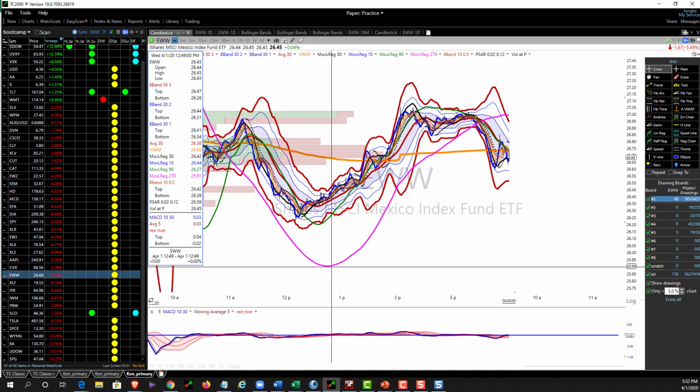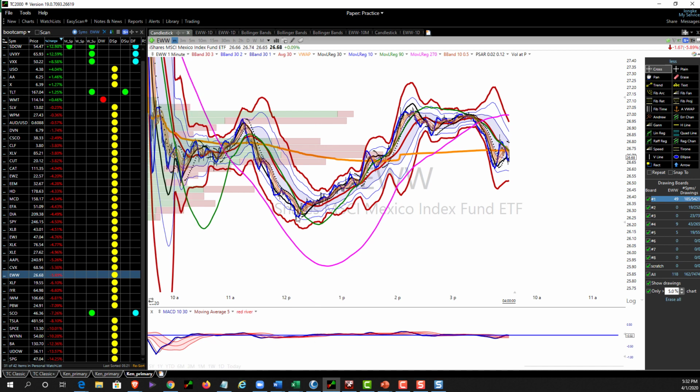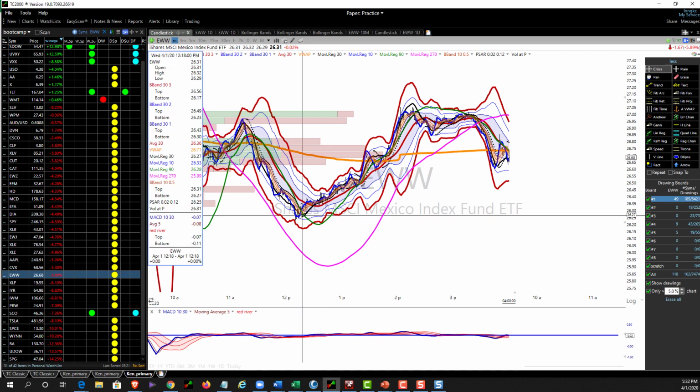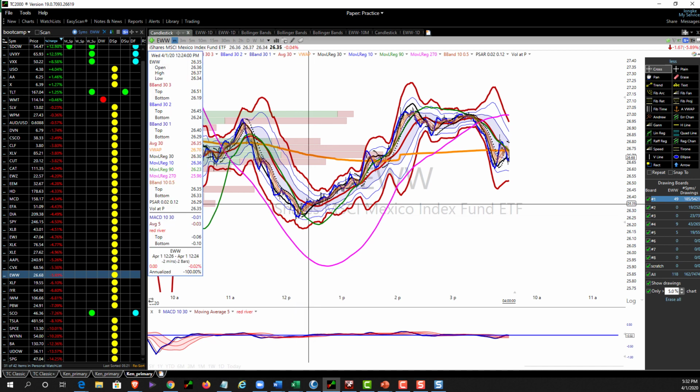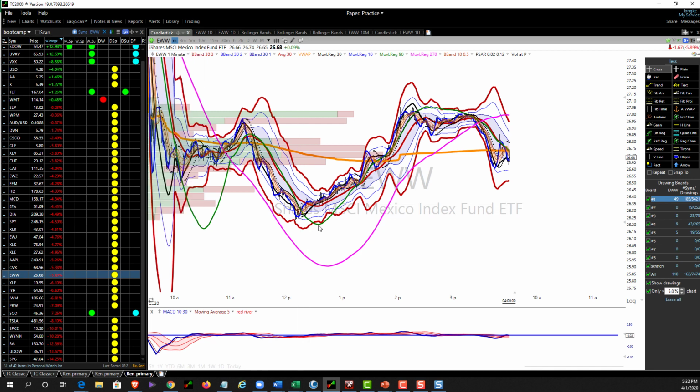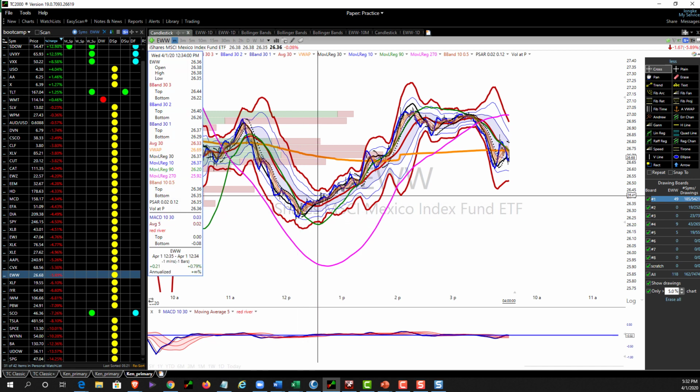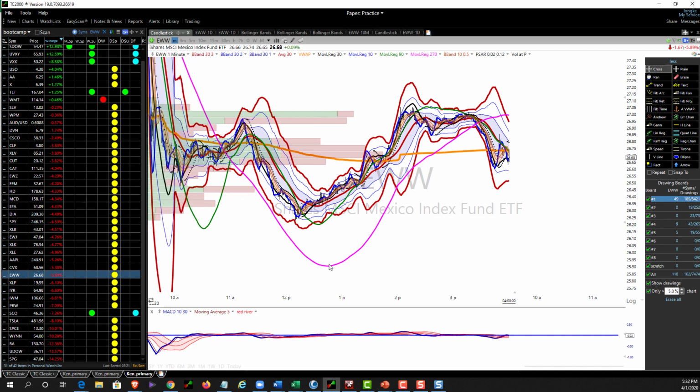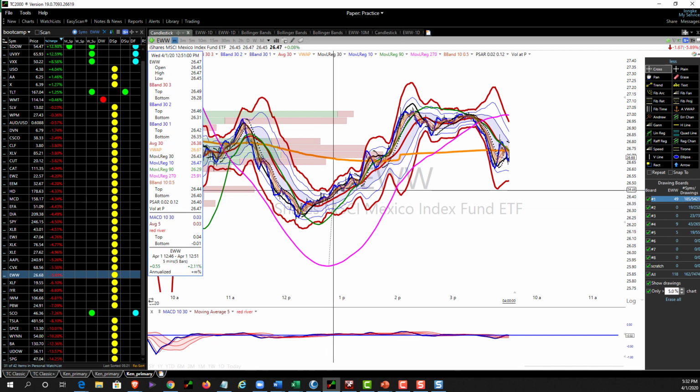When the RL270 has rolled over, the 90 rolls. Look, the 10 rolls over, the 30 rolls over, and there's your owl right here with a stop right there. And then the 90 rolls over and gives you confirmation right here. And then the 270 rolls over, gives you confirmation right there. There's nothing left to do but just play it. And it crosses the VWAP.